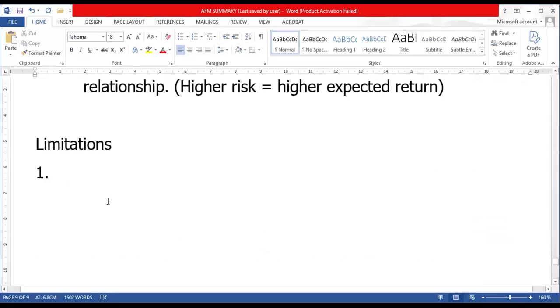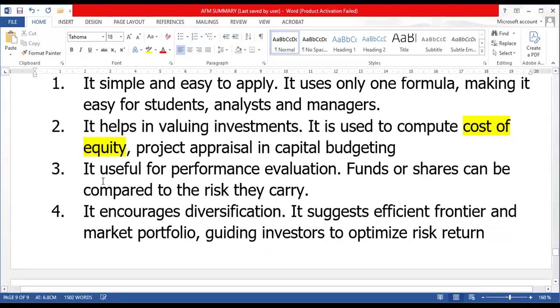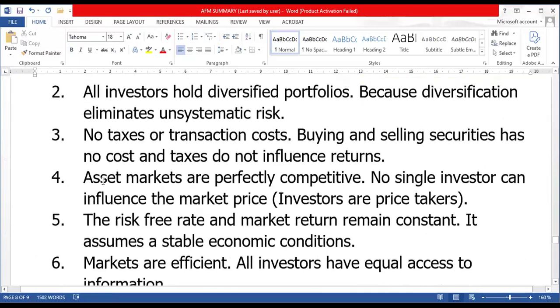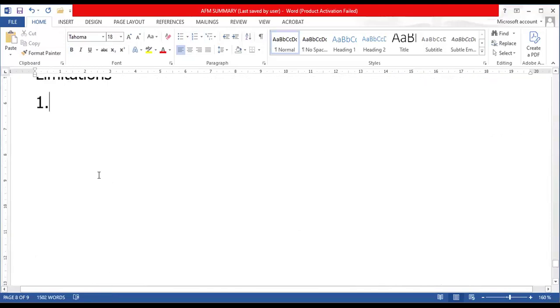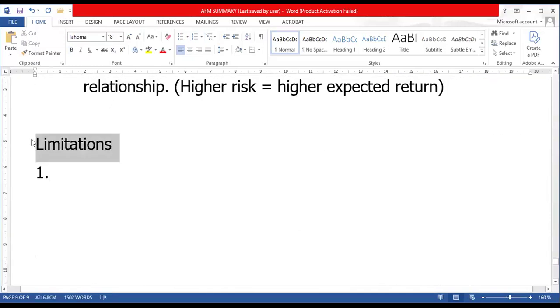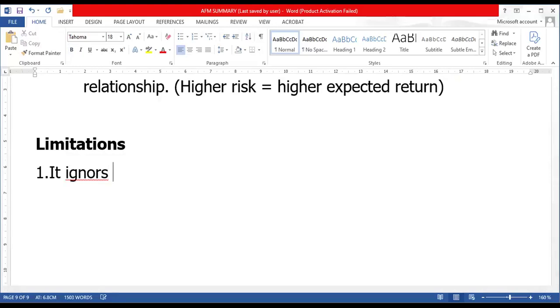Then limitations come from assumptions. If you can recall the assumptions, then it becomes easy for you to put the limitations. One of the limitations is that it ignores investor behavior.